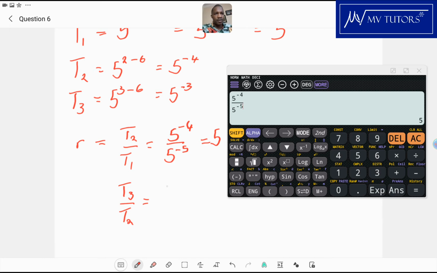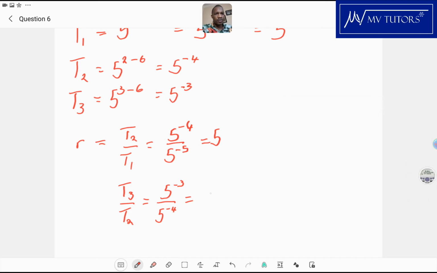Okay, term 3 is 5 to the power minus 3 over term 2, which is 5 to the power minus 4. If you don't want to use the calculator, you can use the rules of exponents.